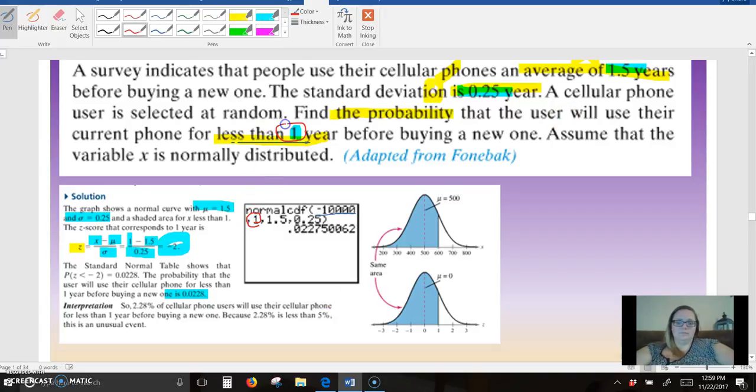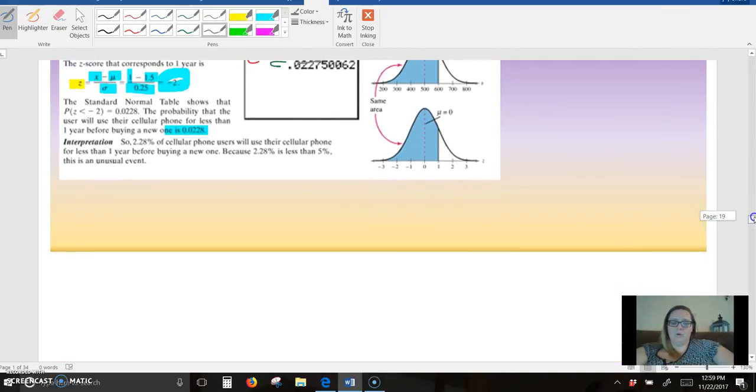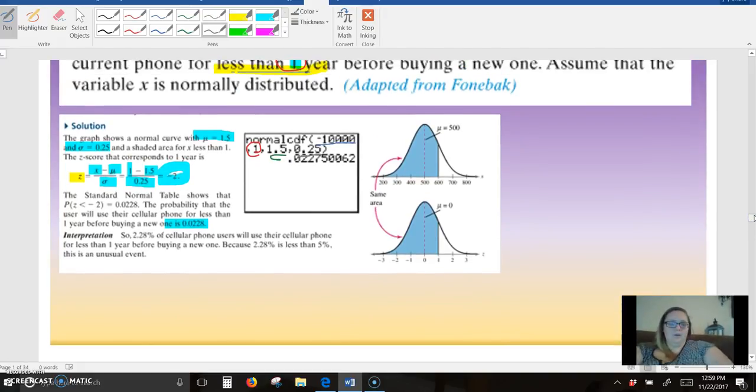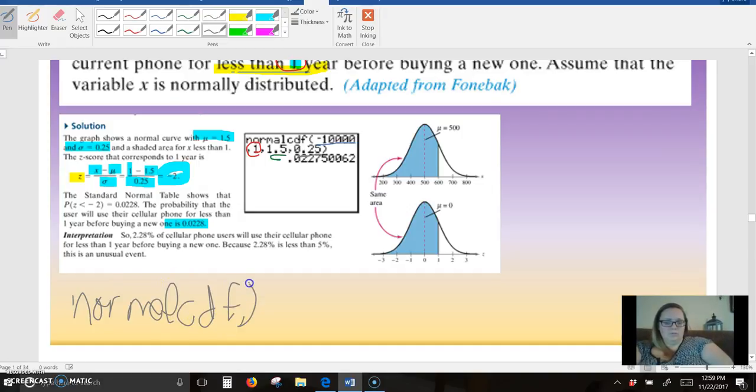Then we have the 1.5, that's right here, and we have 0.25. So how can you remember what order it goes in on the calculator? All right, so normal.